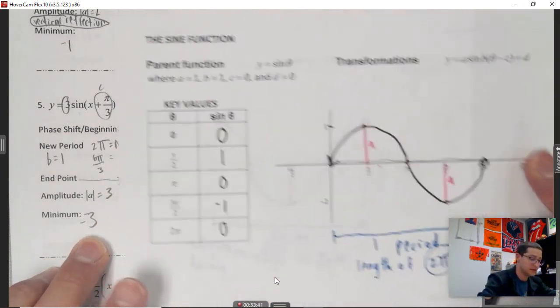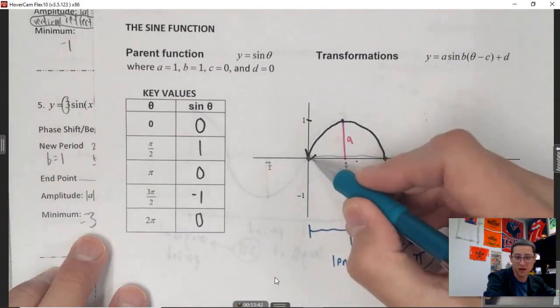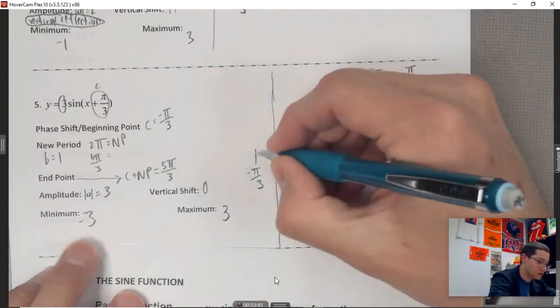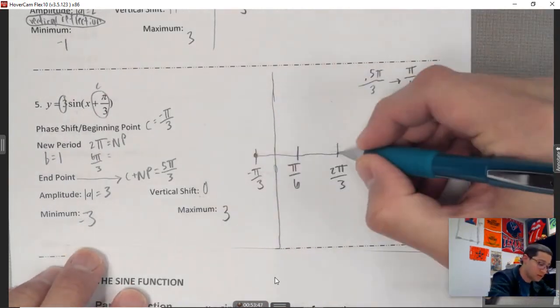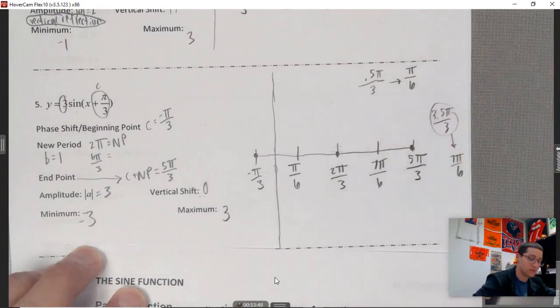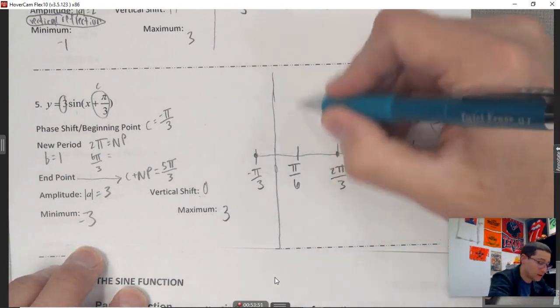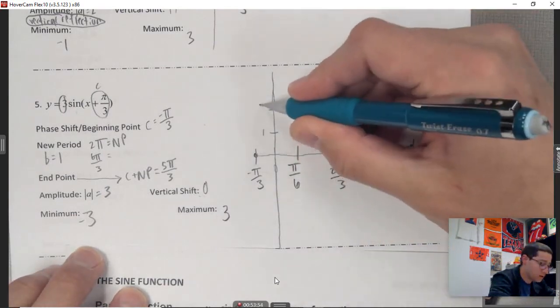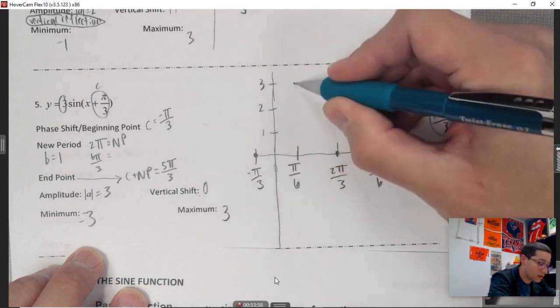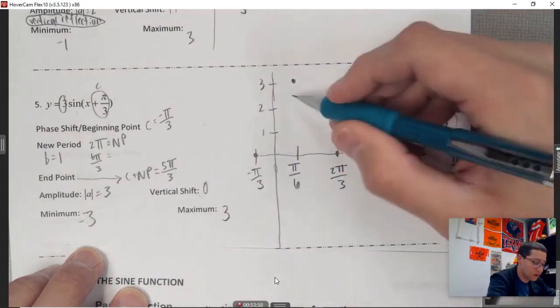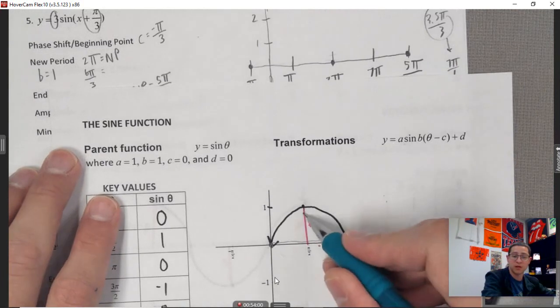Since it's sine, it's starting at that 0, 0. Okay, so 0, 0, and 0. Then you're going to have to go up 3 here. So 1, 2, 3. There is your top one corresponding to this.